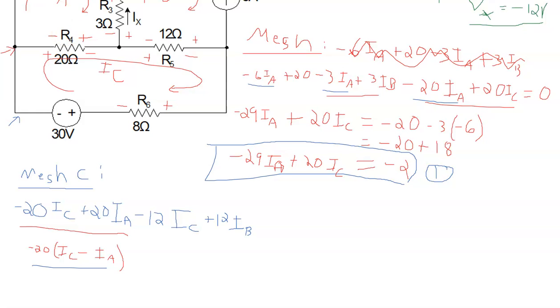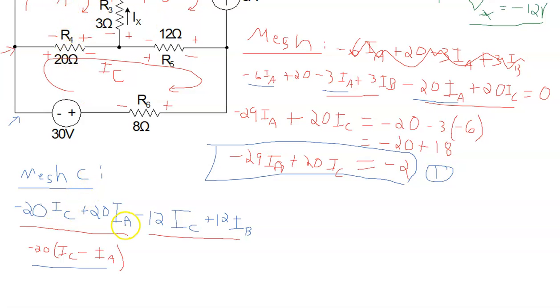Before you start this, because we're doing this mesh the same as the last one, you should already have the polarities down pat. Every term with IC in it is going to be negative, and the second term for each of the shared resistors will be positive, as long as you have the appropriate mesh currents.